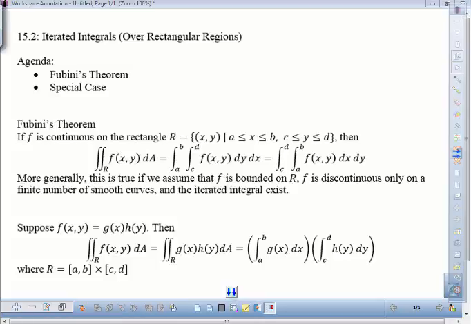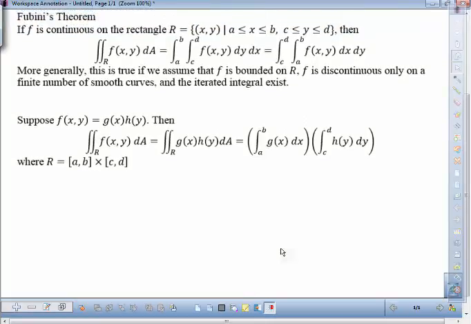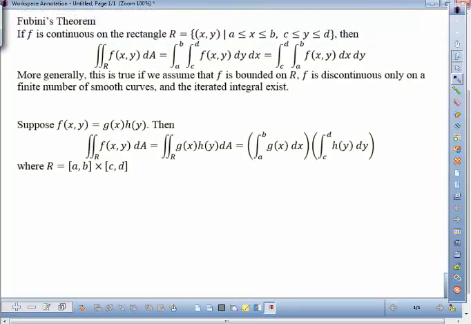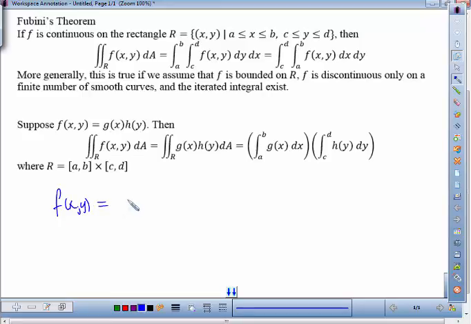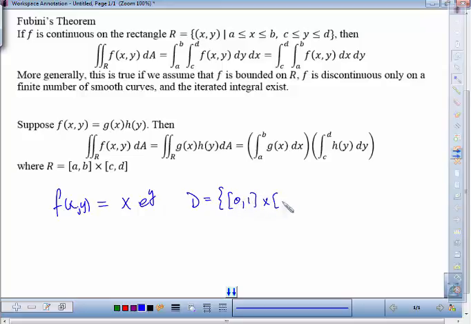As a quick example, because I don't want to spend too much time on this, maybe we can think about a function f of x, y equal to x times e to the y, where your domain is just going to go from, let's say, 0 to 1 by 0 to 2.